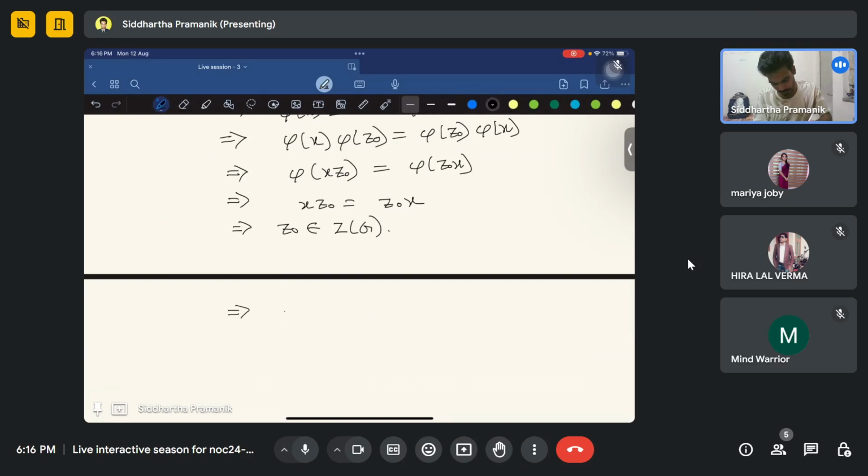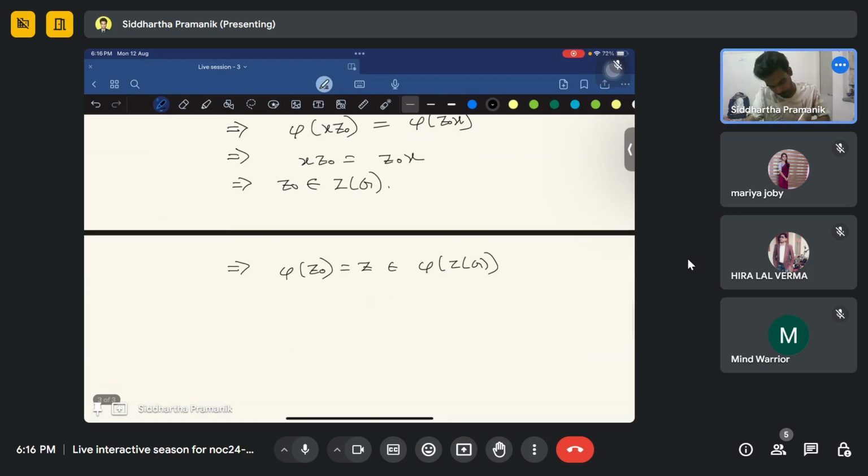So this implies phi of z naught, which is equal to z, belongs to phi of Z(G). Hence Z(G prime) is a subset of phi of Z(G).